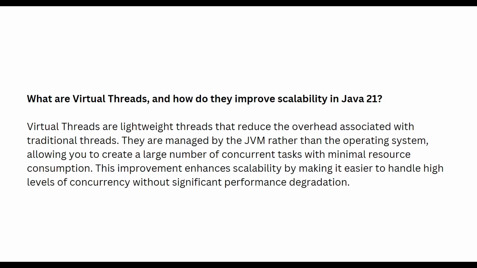Now, they are managed by the JVM rather than the OS, so it allows you to create a larger number of concurrent tasks with minimal resource consumption, because there is minimal overhead. So what does it provide you? It provides more scalability by making it easier to handle a high level of concurrency without significant performance degradation. So that is how you get more scalability with virtual threads.